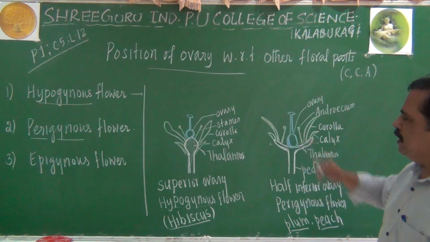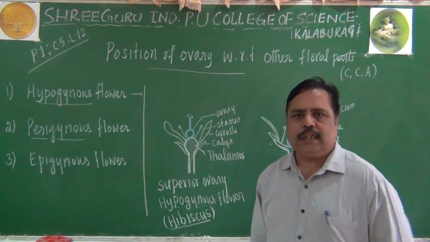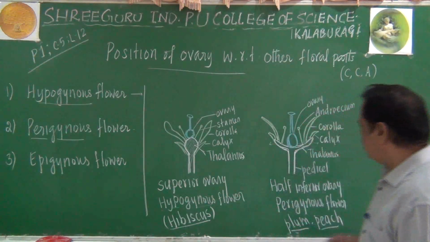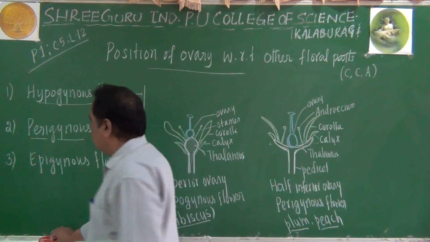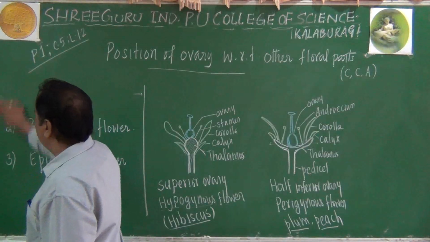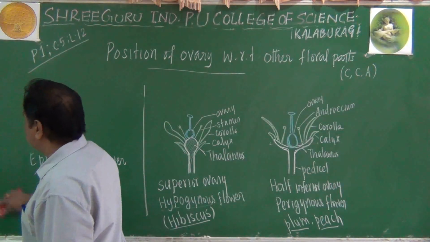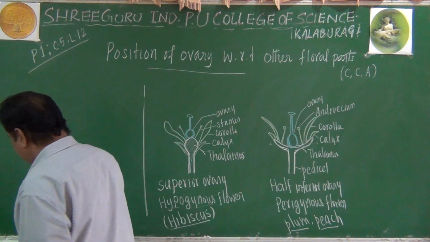From the two diagrams only, you can come to the third type. From the name itself you can understand what is called epigynous flower. Listen here. Hypogynous I told you, perigynous I told you. I will explain epigynous flower also. Listen.